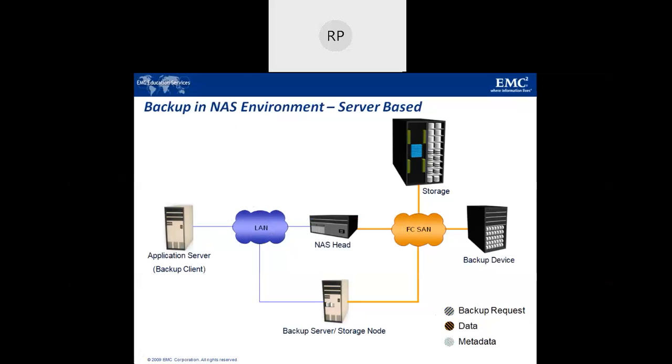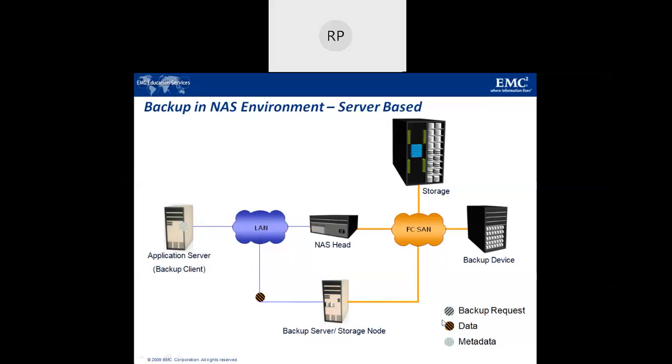Then the backup client is going to send this data to the storage node, which in turn is going to write the data to the backup device. This is how the data is backed up and stored onto the backup device.